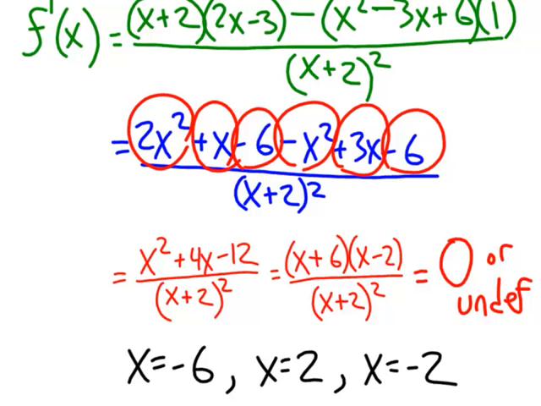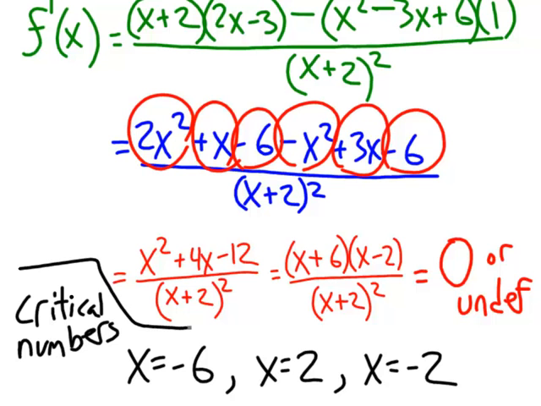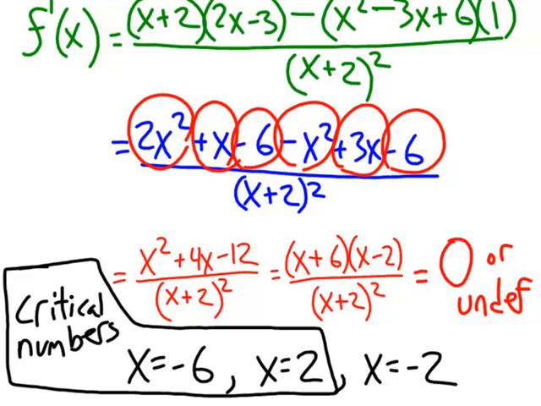Okay, so we are first tasked with finding critical numbers. I should point out, though, that this is, again, one of those little technicalities we have to be aware of. Technically, the critical numbers are just those first two. Now, we don't want to completely cross out the last one, the x equals negative 2, but only the first two are critical numbers. And do you recall why?